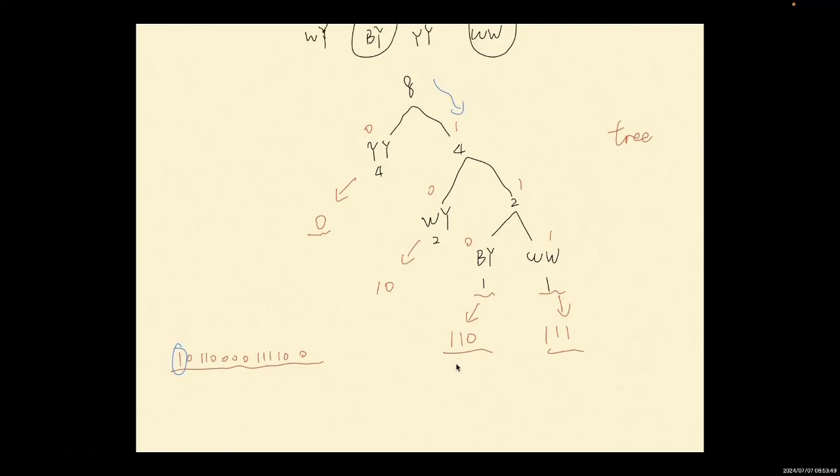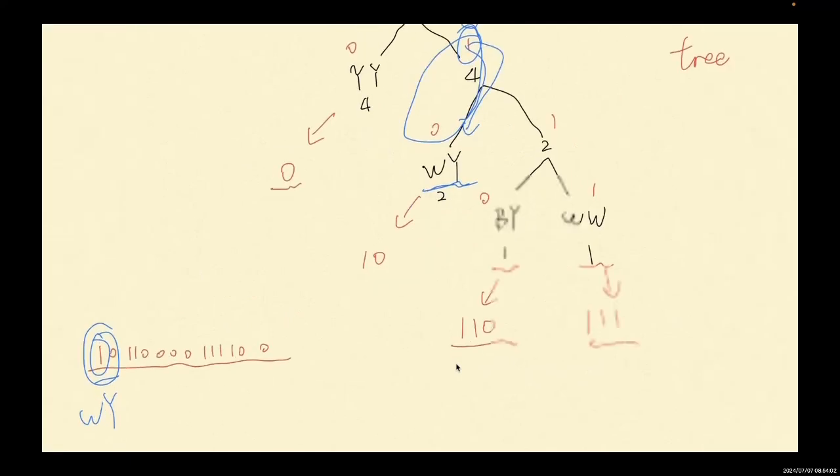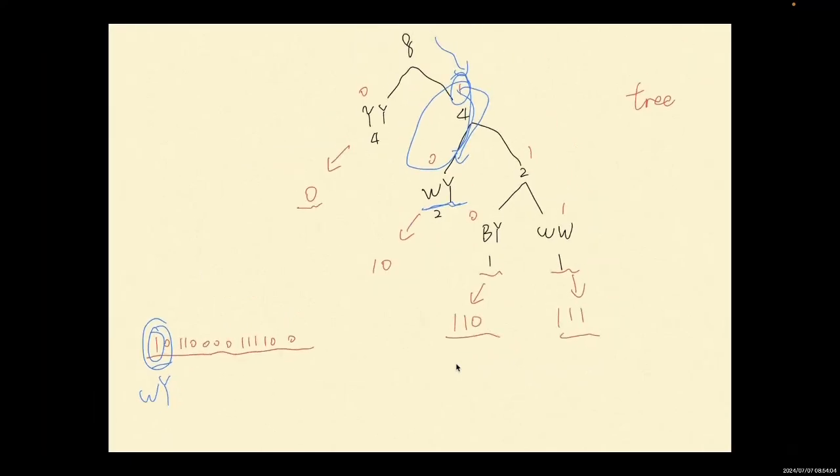So we go to 1 and 1010. So it's WY here. Because once we reach a leaf, we output it, and we start the next one, which is 1, 1, 1, 0. So we go 1, 1, 0, which is BY, right? So actually, there's no conflict problem.